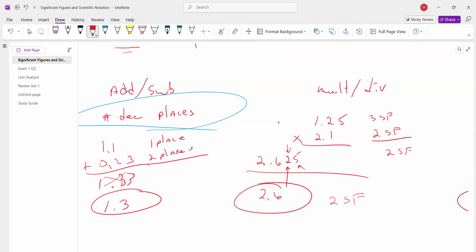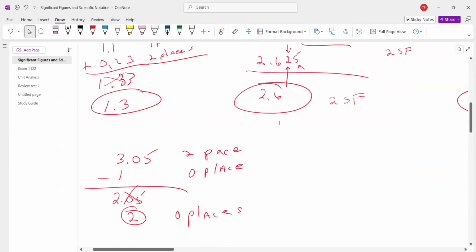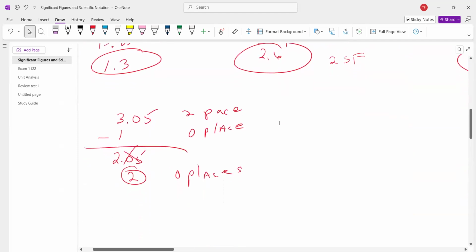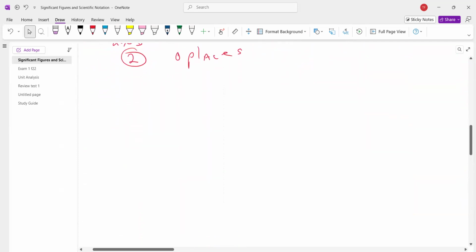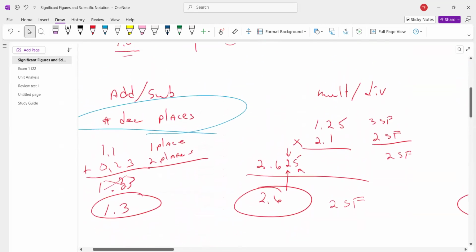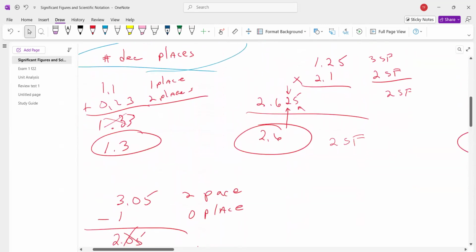Okay, is that clear? Dry Lab 1 practices it a lot. That applies to subtraction as well, and division. The reason is that subtraction is the inverse operation of addition, and division is the inverse operation of multiplication. They're one and the same, which is why you treat them the same way sig fig wise.